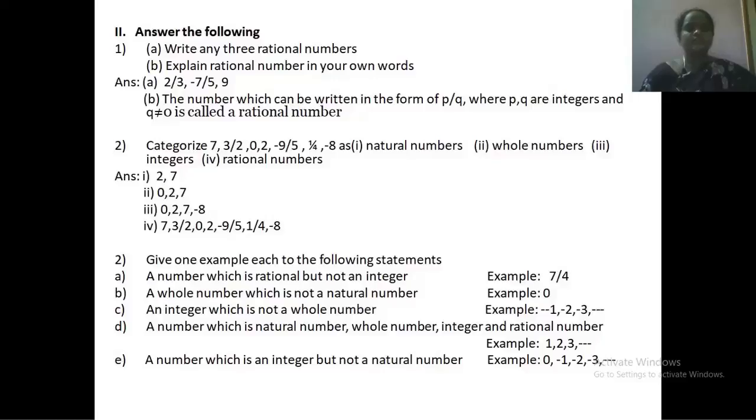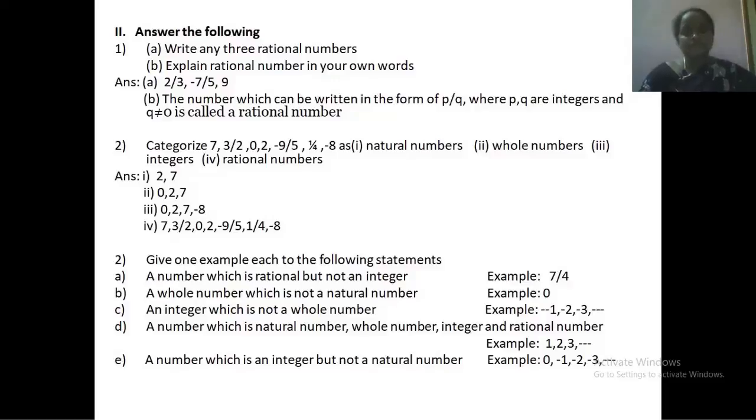Second question, categorize 7, 3/2, 0, 2, minus 9/5, 1/4 and minus 8 as natural numbers, whole numbers, integers, రేషనల్ నంబర్స్. ఇక్కడ ఇచ్చిన నంబర్స్ని వీటిలో ఏవి న్యాచురల్ నంబర్స్ అంటారు, ఏవి హోల్ నంబర్స్ అంటారు, ఇంటీజర్స్ అంటారు, రేషనల్ నంబర్స్ అంటారు, 4 గ్రూప్స్గా డివైడ్ చేయండి అని అడిగాం. సో ఇచ్చిన నంబర్స్లో ఫస్ట్ వన్ న్యాచురల్ నంబర్స్.